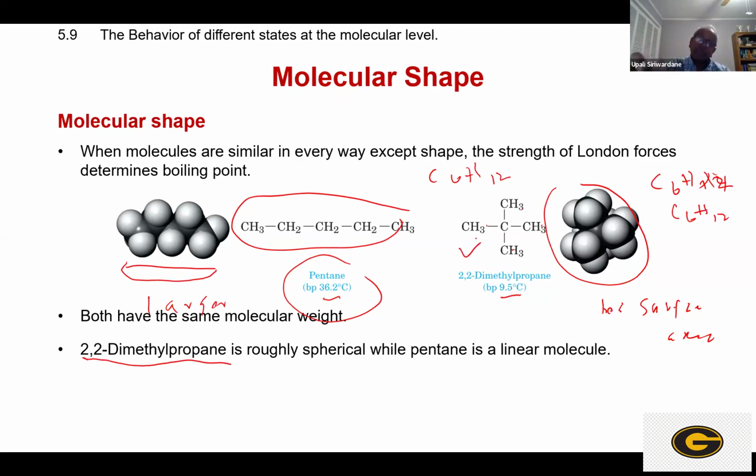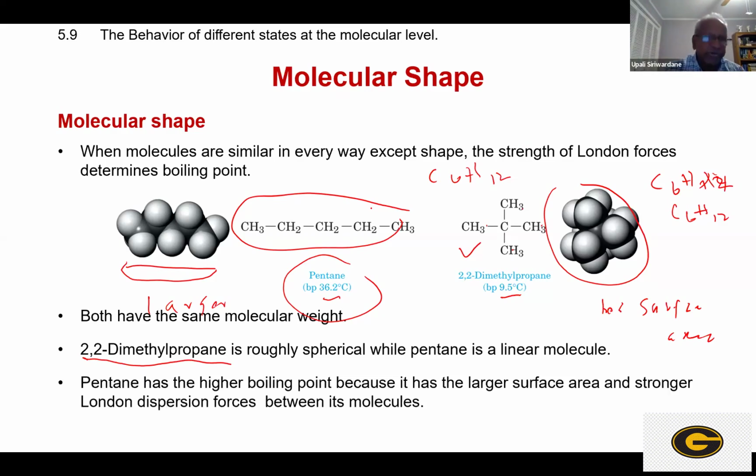These two are called isomers: same molecular formula, different arrangement of atoms. These isomers have different surface area, therefore different boiling points. London dispersion force is the intermolecular force.